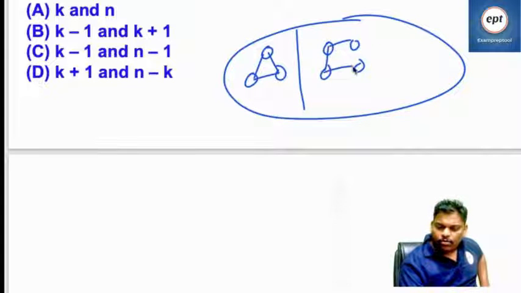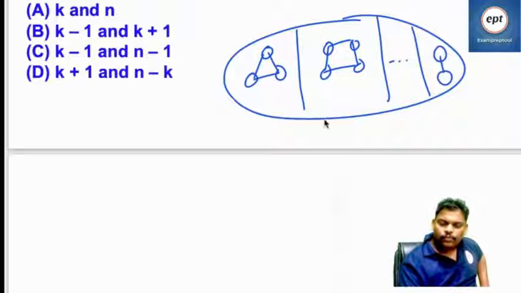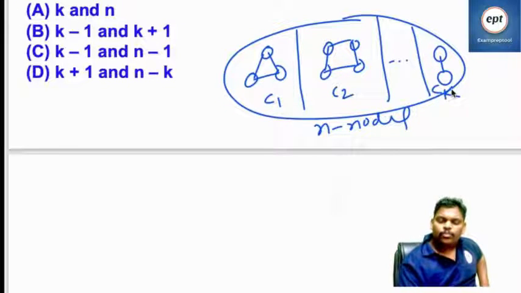Component 1, component 2, up to component k.